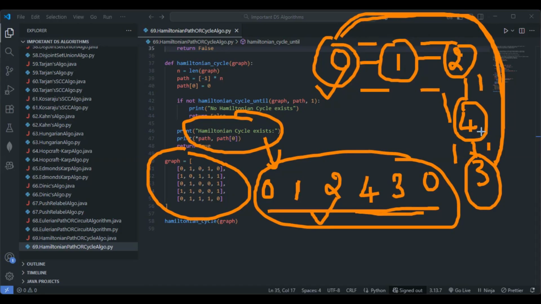And the last vertex connects back to the first, fulfilling the Hamiltonian cycle conditions. So this is the reason we get the output 0, 1, 2, 4, 3, 0, right?